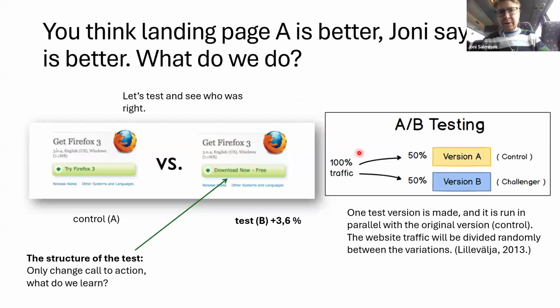And the standard way of doing it is to divide the traffic between control and some challenger version that we think is better. And then we go ahead and we do the change. If we use a tool like Website Optimizer, we might do it ourselves. In other cases, we might need IT to help us with it.